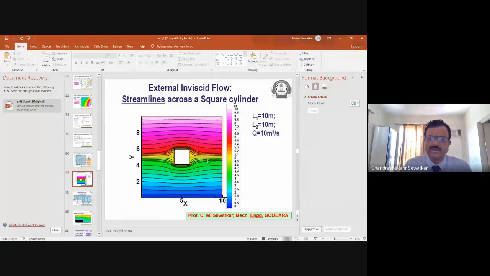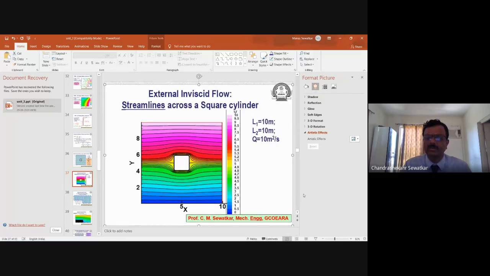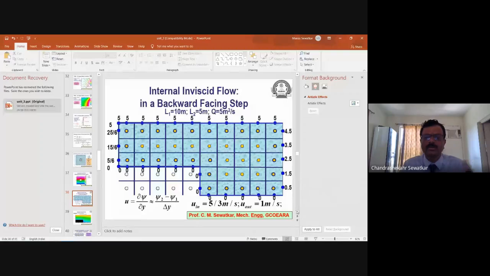If the flow is inviscid and incompressible, there is no vorticity generation, and the flow is completely attached to the body. Similar kinds of equations can also be solved for the backward facing step problem. We can discretize in the same fashion.